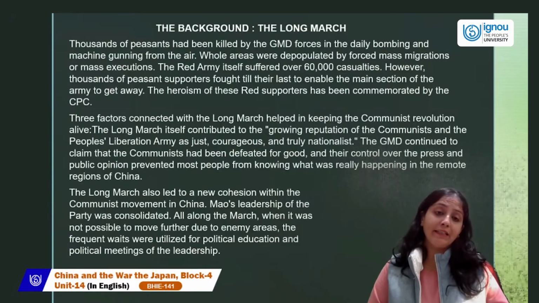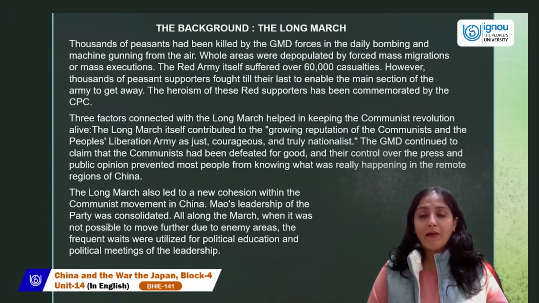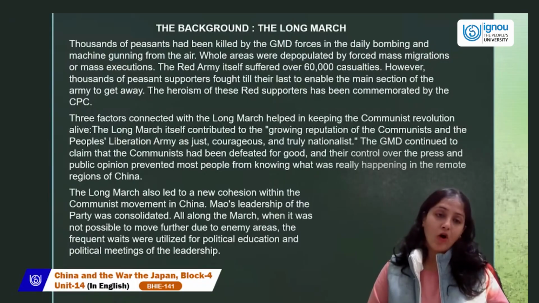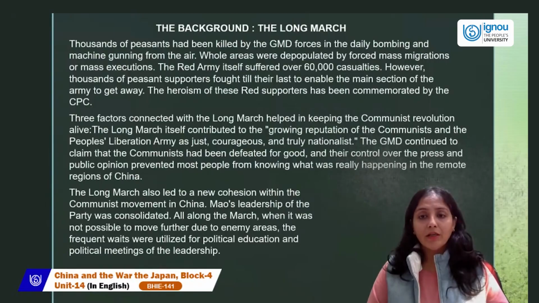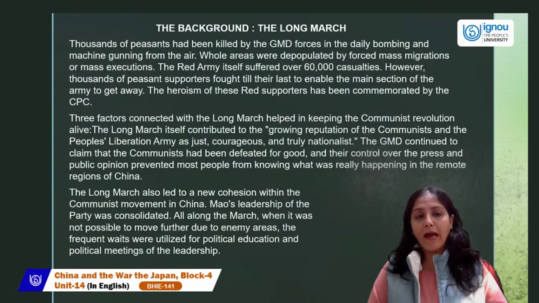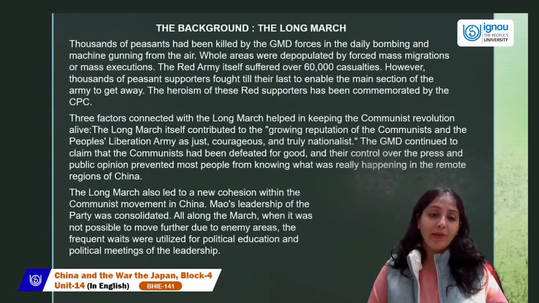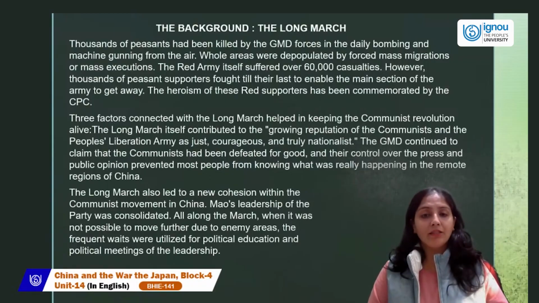Three factors connected with the Long March helped in keeping the communist revolution alive. The Long March itself contributed to the growing reputation of the Communists and the People's Liberation Army as just, courageous and truly nationalist.